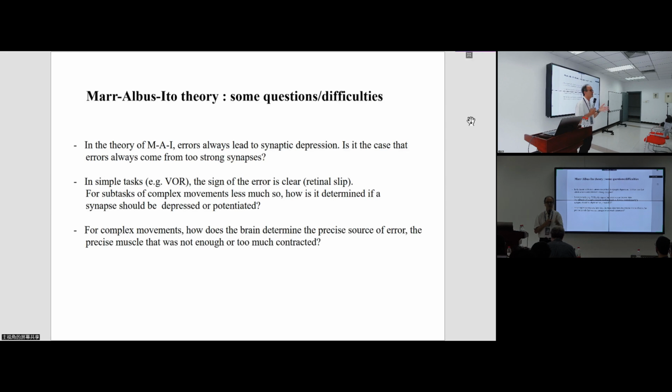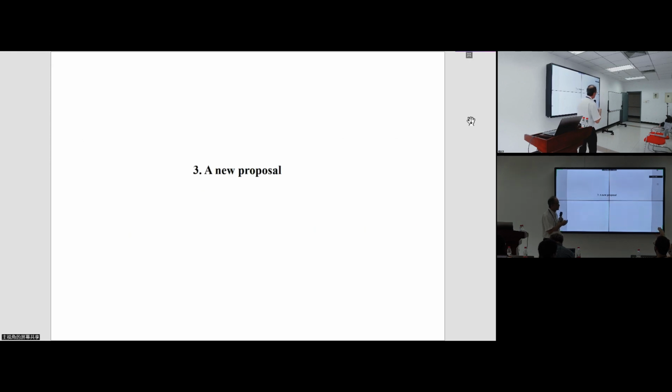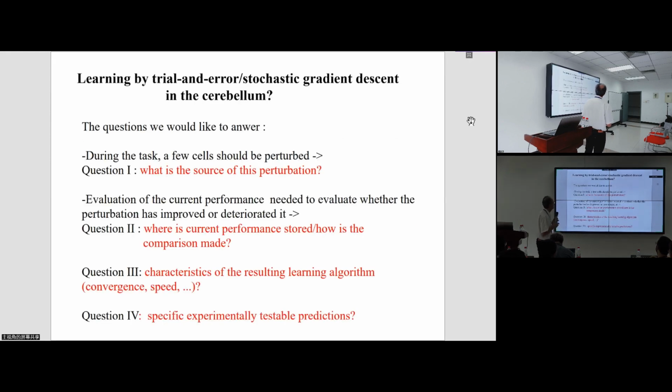The slit on the image on the retina is one sign or the other, or if you receive the puff, it's clear that you should close your eye. So the sign is clear, but if you have a complex task with many subjects, the sign is not at all clear. And of course, the main thing is, even in a complex task, how does the brain determine the precise source of the error? That's what we want to tackle.